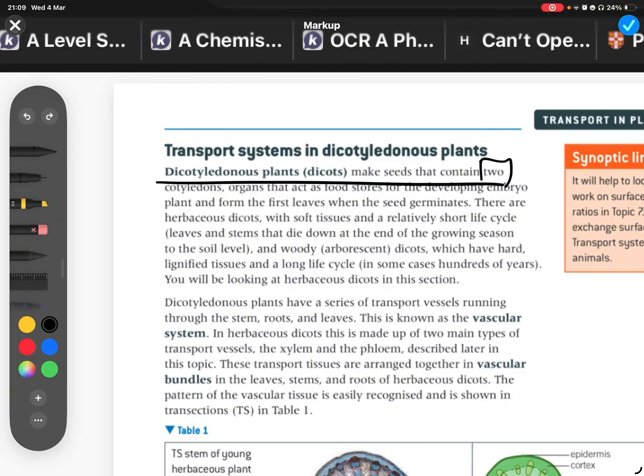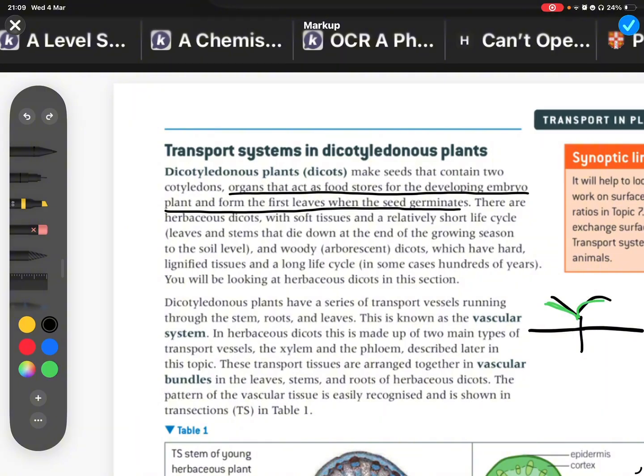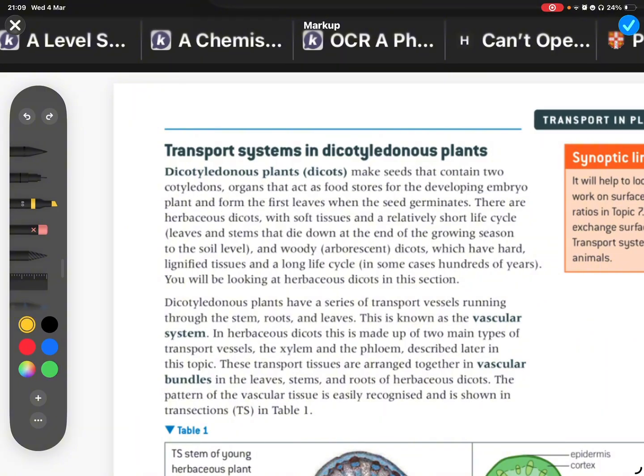Nice. Now, there are two types of dicots: herbaceous dicots and arborescent dicots. The ones that you need to know for biology are herbaceous, so we need to go through that, but get a little bit of knowledge on arborescent ones.